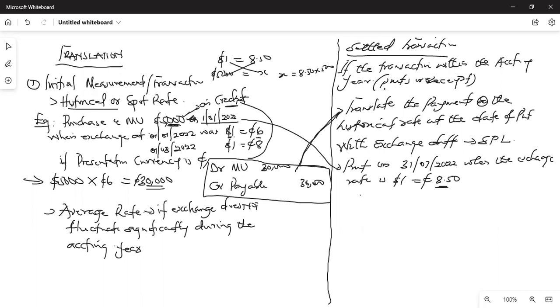Now, take your calculators. So it means that the $5,000 will be multiplied by 8.5 Ghana cedis. If you point it, I have 5,000 multiplied by 8.5. It's giving me 42,500 Ghana cedis. Now, what is going to happen here is that since I am making the payment, I will debit my payable, all right, with, you see, the amount that I owe is actually 30,000.